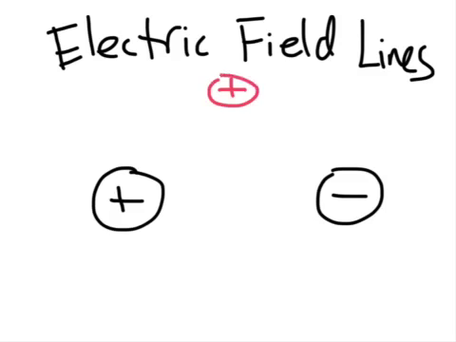So if we consider this positive test charge, meaning I'm going to take a little positive charge and put it in this location, these charges remain in place, what kind of force would this experience? This guy right here would be pushed away by that positive charge, and it would be pulled by this negative charge. Because they're about the same distance away, the result of those two forces would be something like this.